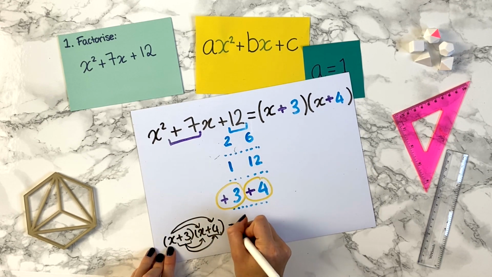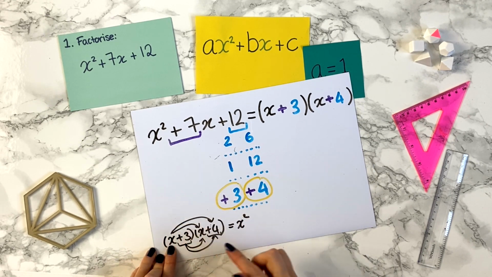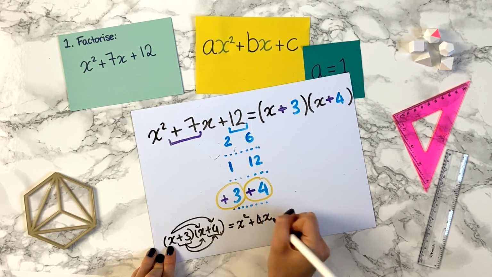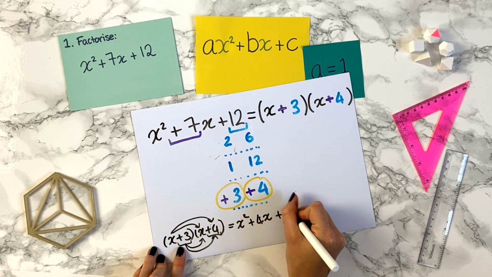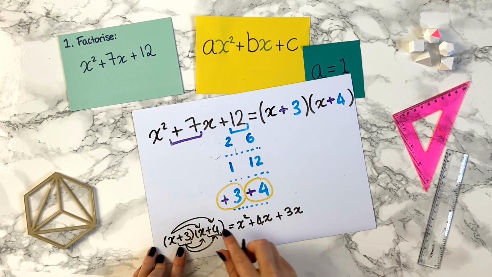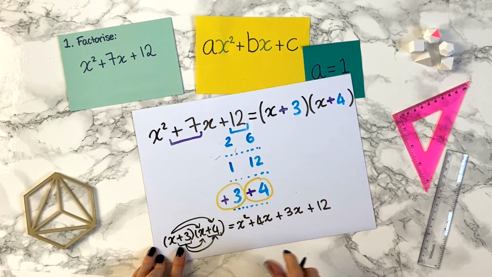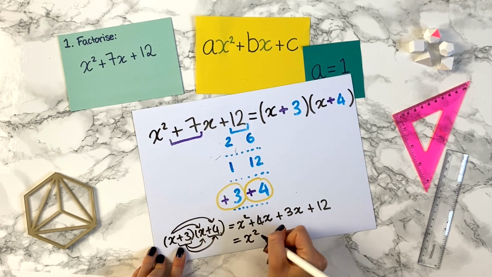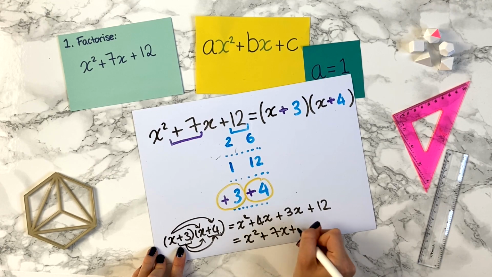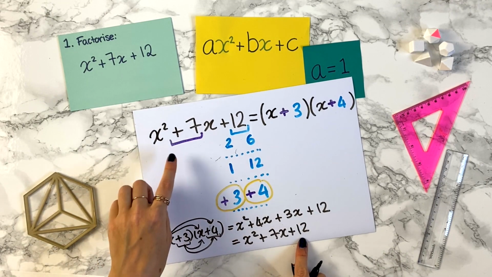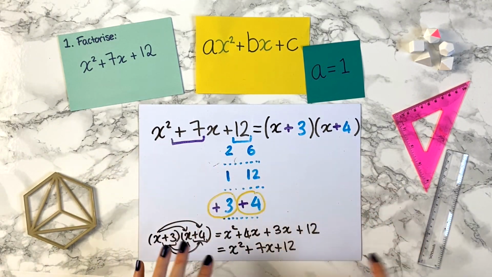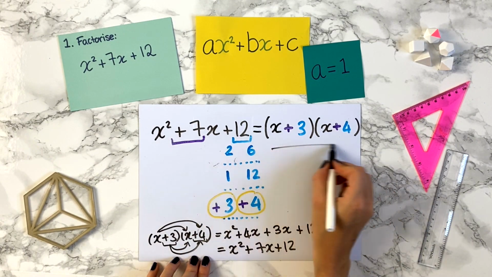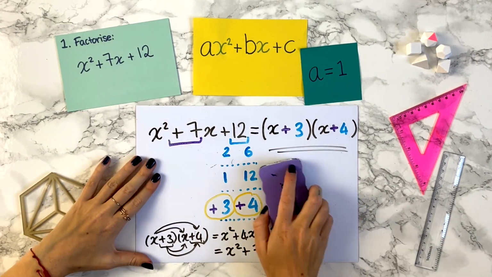So x times x is x squared, x times plus 4 is plus 4x, plus 3 times x is plus 3x, and plus 3 times plus 4 is plus 12. And we can simplify this by combining these terms because they have a single x in each. So that gives us x squared plus 7x plus 12. And that's the expression we started with. So we can check and be 100% sure that we've got the right answer. So that is our answer.